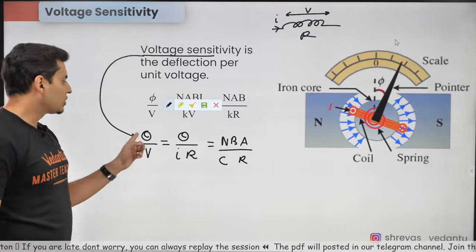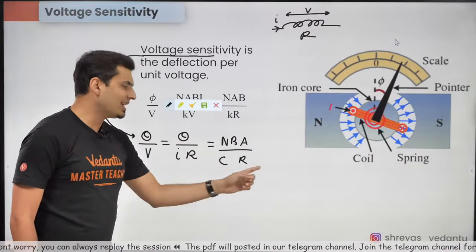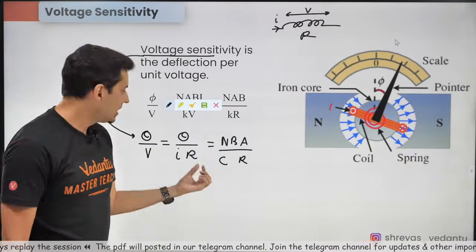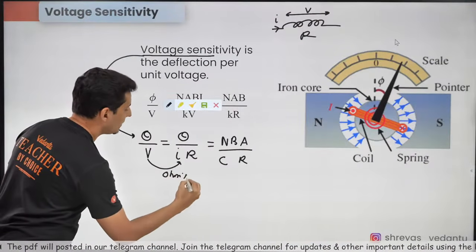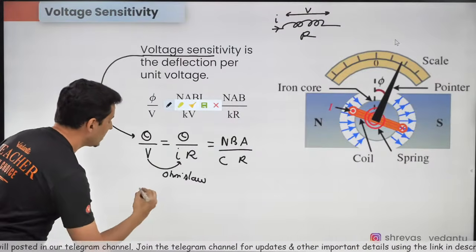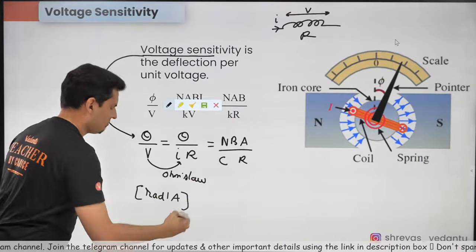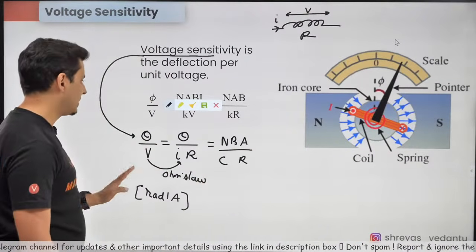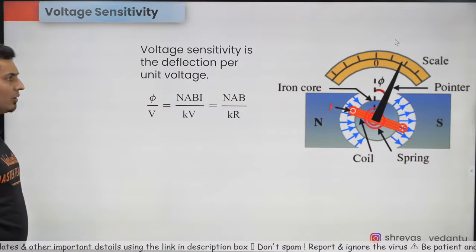So the voltage sensitivity will be nothing but NBA by CR, that resistance comes below, because you have to take into account Ohm's law. So from here to here, it's nothing but Ohm's law. What is the unit of voltage sensitivity? Again, it will be in radians per ampere or degrees per milliampere, whichever you want to use. As simple as that. So that's voltage sensitivity of a moving coil galvanometer.